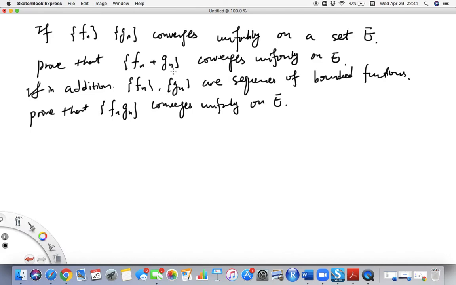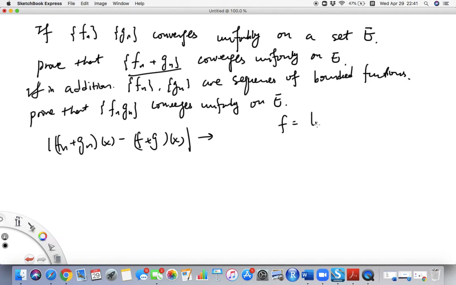Okay, so how do we do that? First, let's look at the sum. Our goal is to show (fn + gn)(x) minus (f + g)(x) goes to 0, where f is the limit.